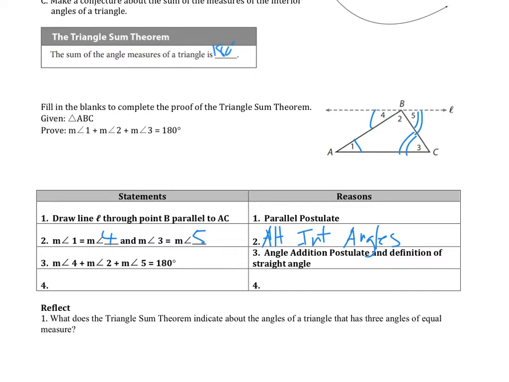Then we know that the measure of angle 4 plus the measure of angle 2 plus the measure of angle 5, so we're doing this whole set here, is equal to 180, because of the angle addition postulate and the definition of a straight angle. So those three angles all added together give us that straight line.